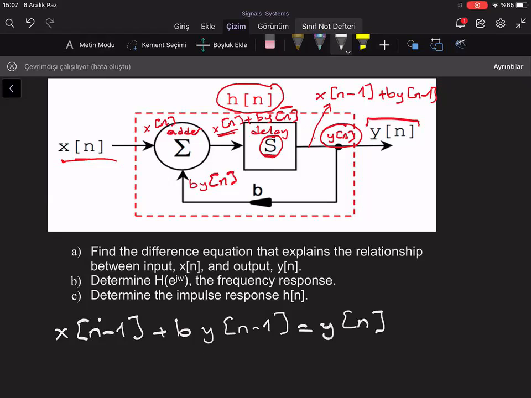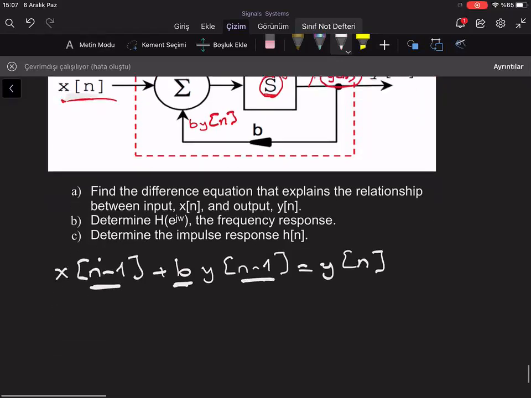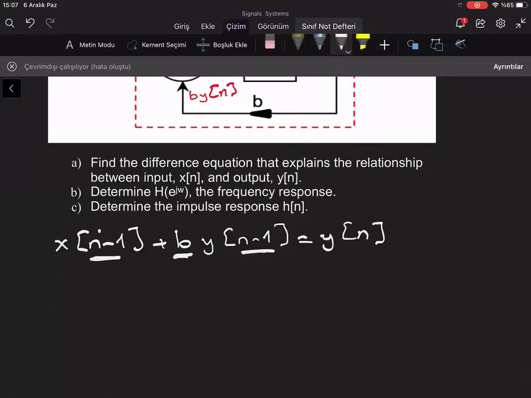Okay, so I added x of n and b y of n, and then I take a delay. This is a one sample delay for x of n and b y of n. B is not affected by the delay because it's just a multiplication. So I obtain x n minus 1 plus b y n minus 1 equals y of n.